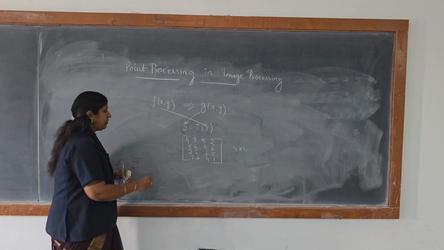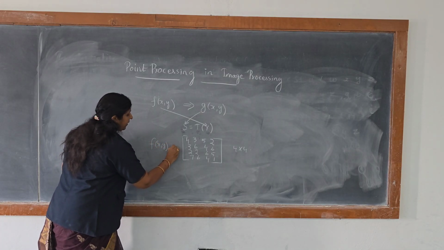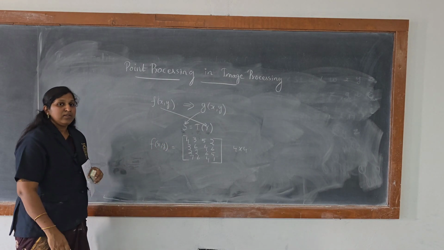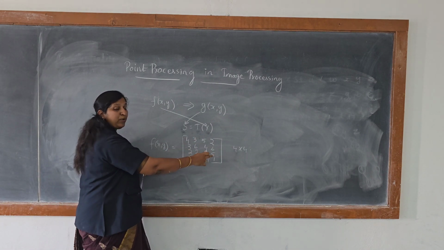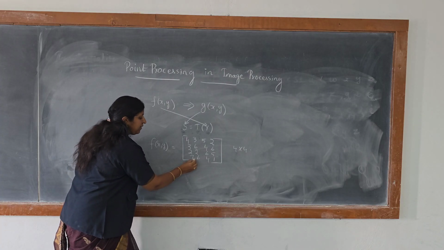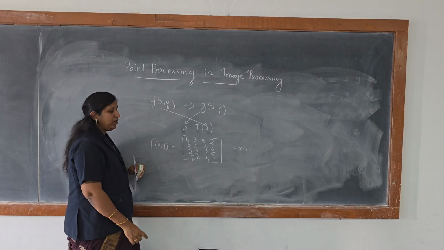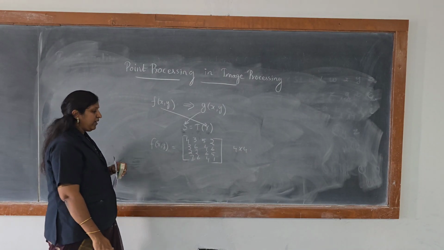This is the input image f of x comma y. In this image, in total 4x4, 16 intensity values are there. Here 7 is the maximum value.